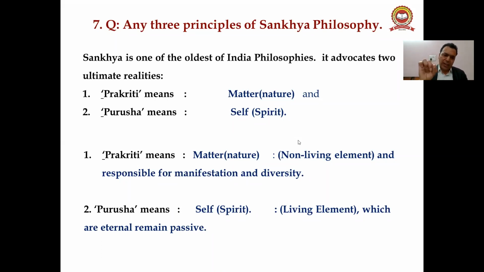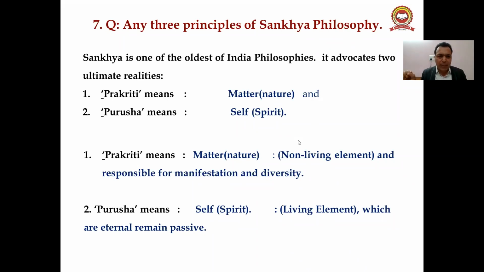One is Prakriti and the second is Purush. According to this philosophy, there are 2 ultimate realities. Prakriti means matter or nature and Purush means self. What is matter?